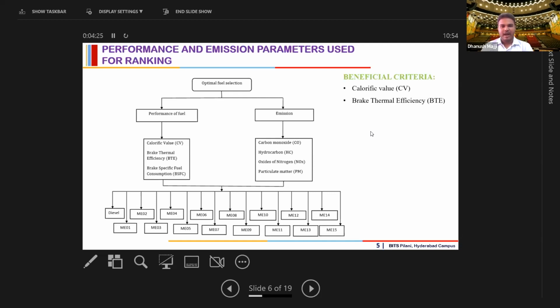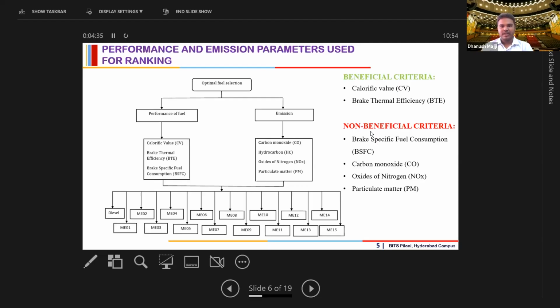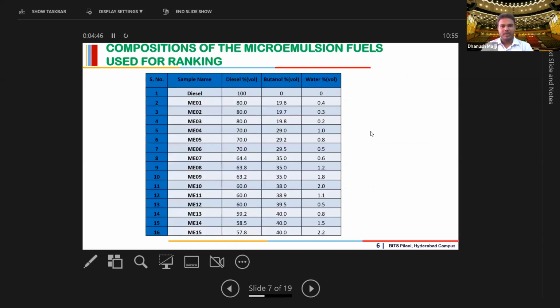It is highly desirable to have a high calorific value of the fuel, which results in a high brake thermal efficiency value. On the other side, brake specific fuel consumption BSFC, carbon monoxide CO, oxides of nitrogen, and particulate matter should tend to be low. These are the components of the microemulsion fuels used for ranking.